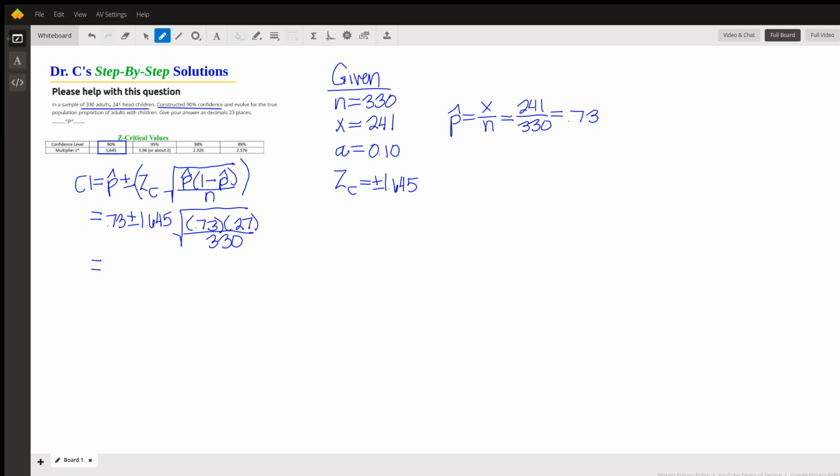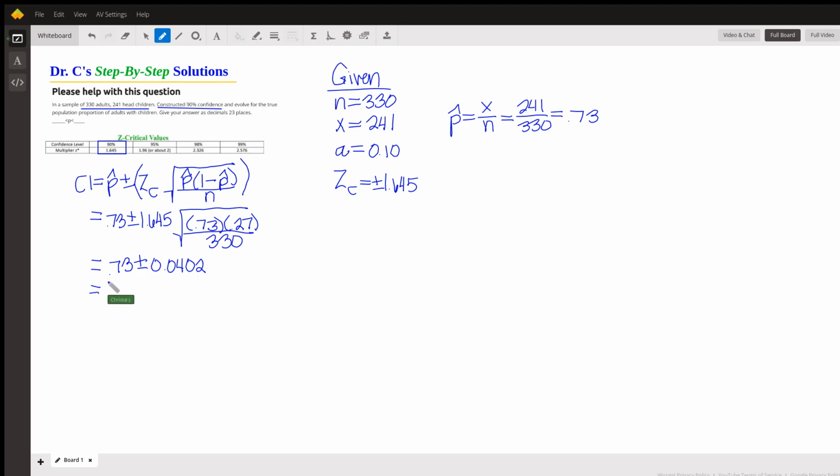So when we solve that, 1.645 times the square root of 0.73 times 0.27 divided by 330, that gives us 0.0402. So 0.73 plus or minus 0.0402. Your next step would be to solve for the lower and upper bound.